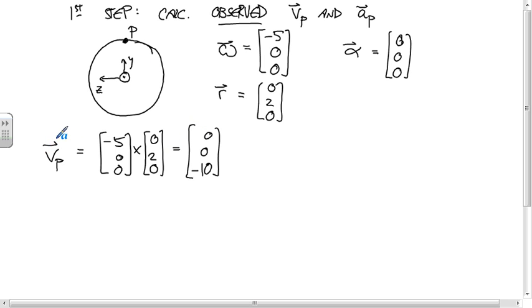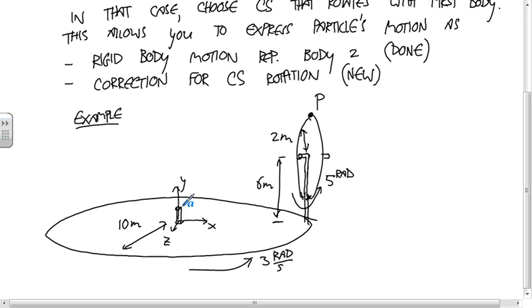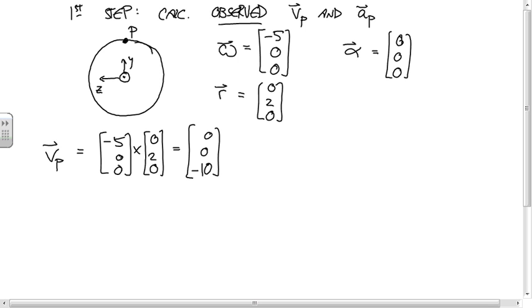This is just the velocity that someone would observe who's fixed in that coordinate system, sitting on this stump, rotating around with the carousel. And so when we eventually do our correction for the fact that our coordinate system is rotating, this is going to be our px dot, py dot, pz dot.